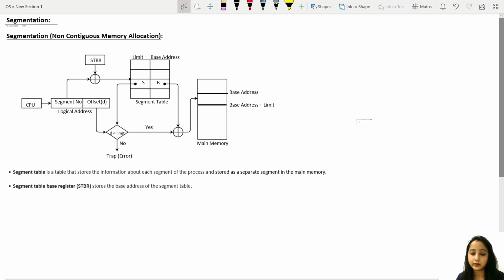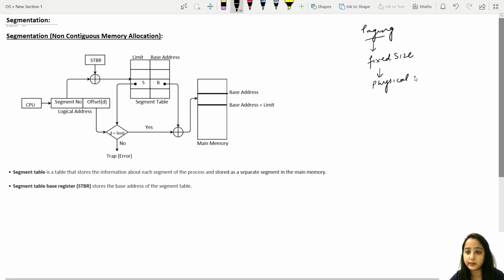So the first technique we studied under non-contiguous memory allocation was paging, right? In paging, we have fixed size pages, fixed size partitions, and we work in the physical memory.